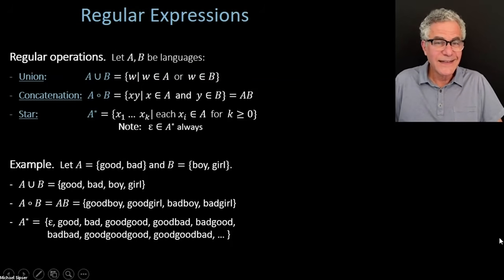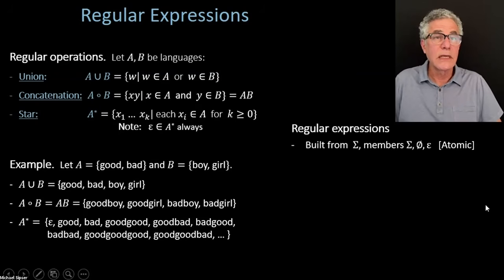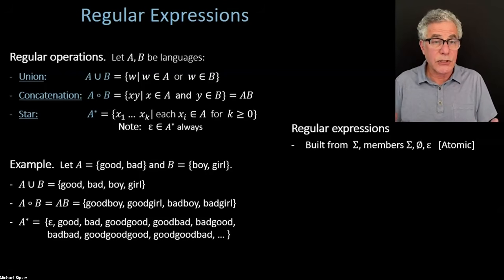Okay. All right, good. So we talked about the regular operations. Let's talk about regular expressions. Regular expressions are just like arithmetical operations giving you arithmetical expressions, like 1 + 3 times 7. Now we're going to make expressions out of these operations.